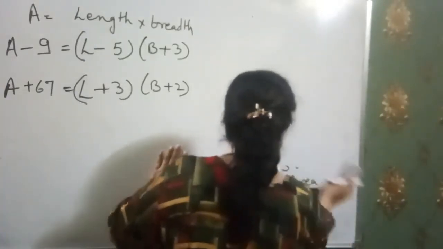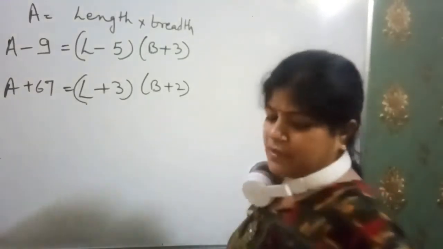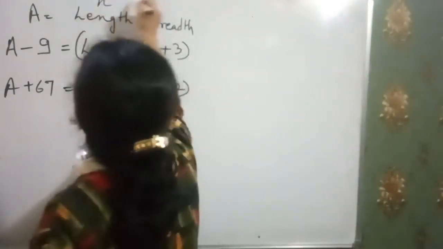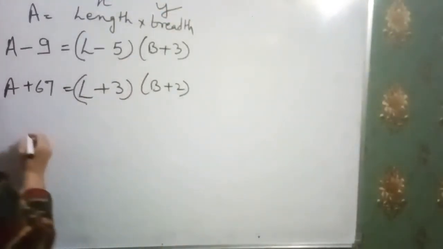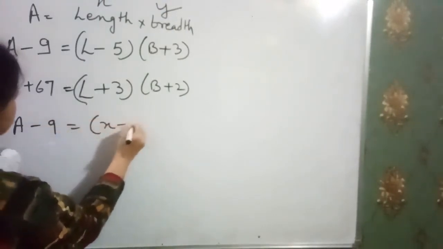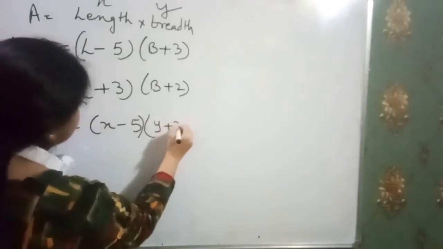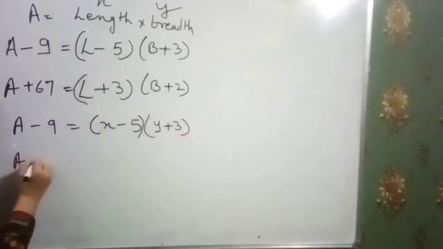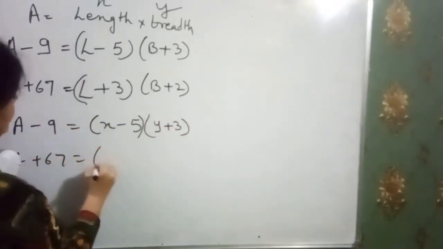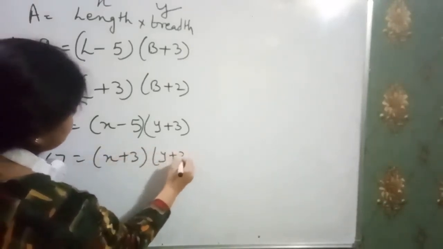So if we just put the values, length as x and breadth as y, we have a minus 9 is equal to x minus 5 and y plus 3. Here we have a plus 67, x plus 3 and y plus 2.